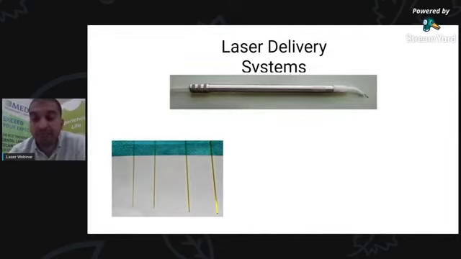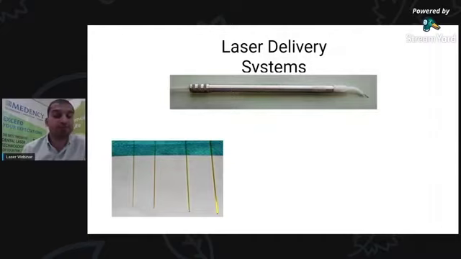After the laser is generated in our device, we have something called a fiber optic wire. This fiber optic simply consists of silica, the main particle of glass. Simply, it's glass in the shape of a wire. The laser goes through this wire and travels until it reaches our handpiece, which we hold in our hand.